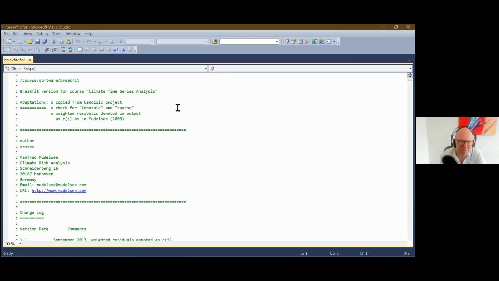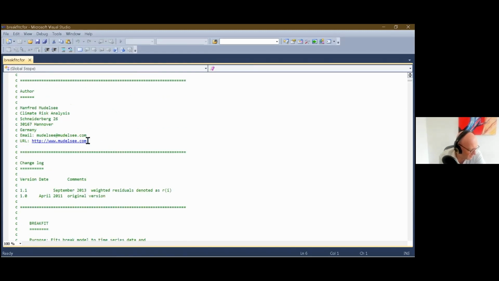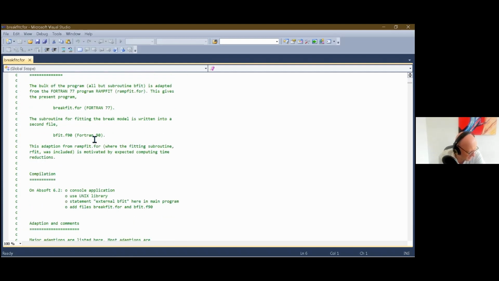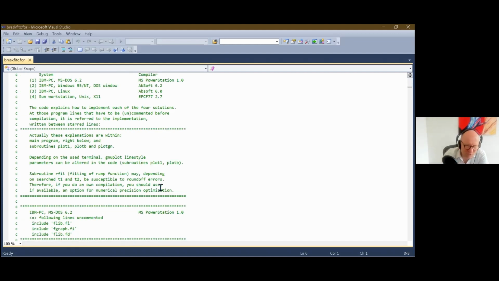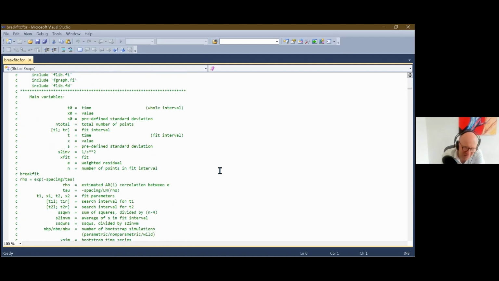Okay, now it has opened, so this is now a source code, just to give you an idea. So this Z here, this is a comment, okay? And then, well, this was done when I lived in Hanover. And then you see here, you have to document the software, because it is the same as with data. You have to document what you measure and what you program, so that others can understand what you did.